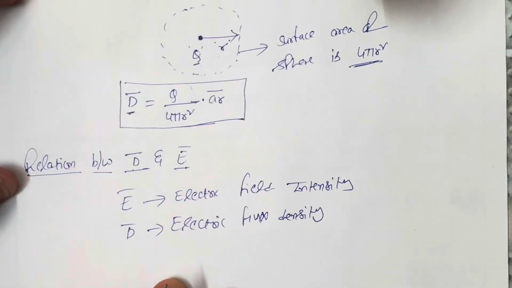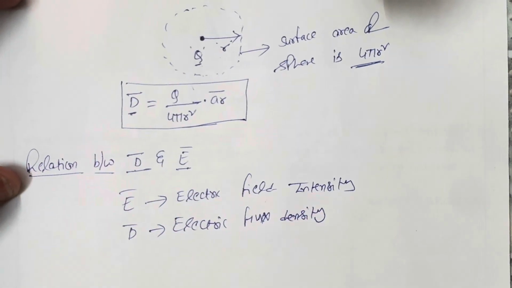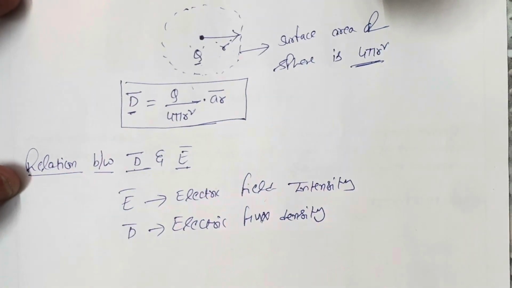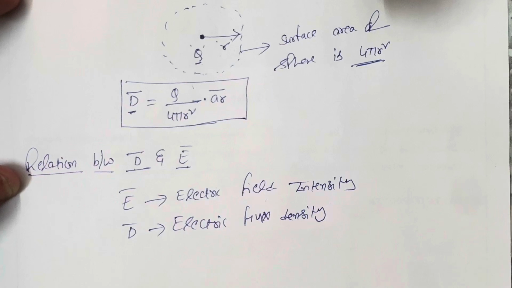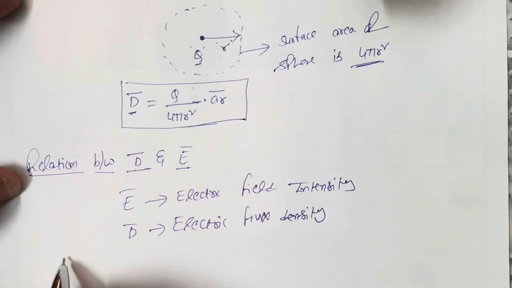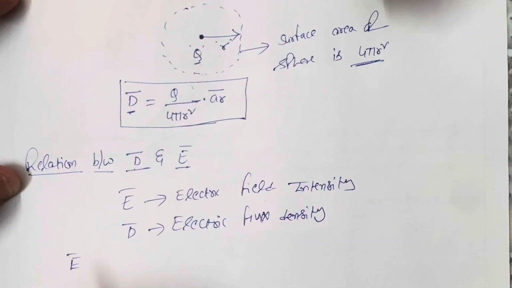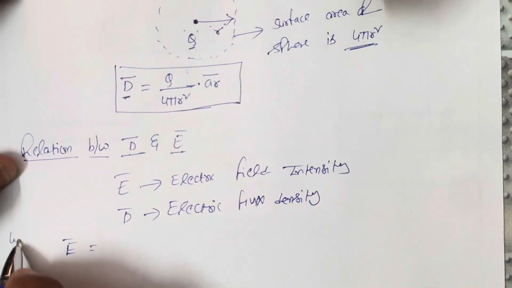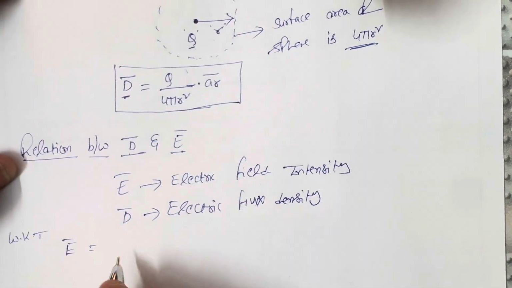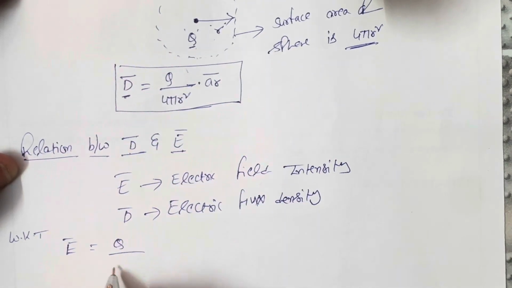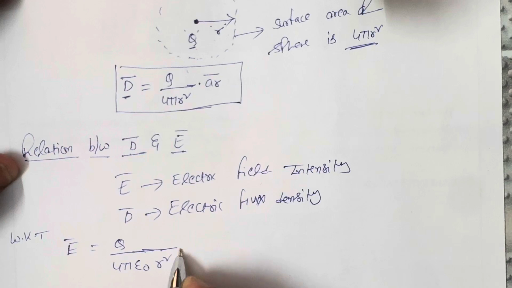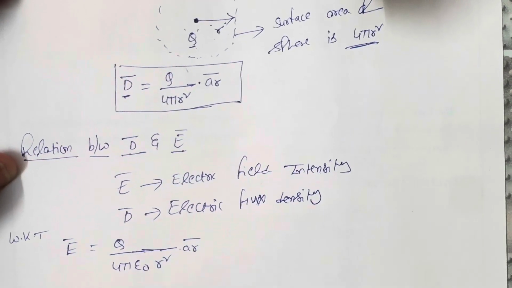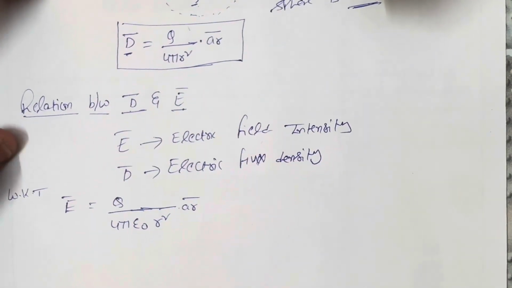Now we have to observe the relation between those two. We already derived the expression for E bar. We know that E bar equal to Q by 4 pi epsilon naught R square into AR bar. That is the expression for E bar.